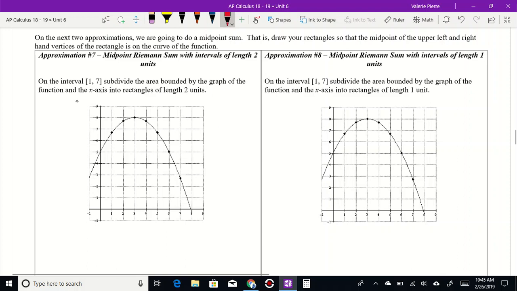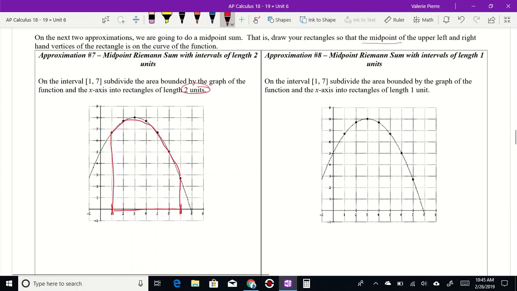So the midpoint will be the point on the curve. So again, we're looking at 2 units from the intervals 1 to 7. The x-axis and the graph are my top and bottom, and we're restricting it between 1 and 7.